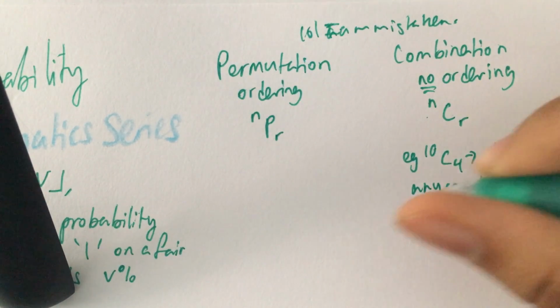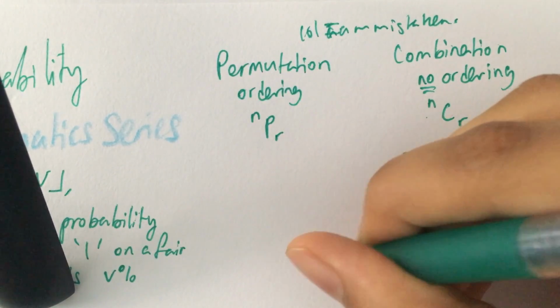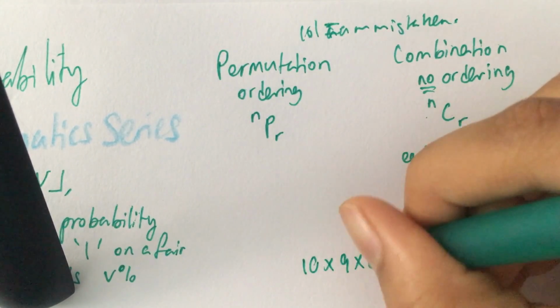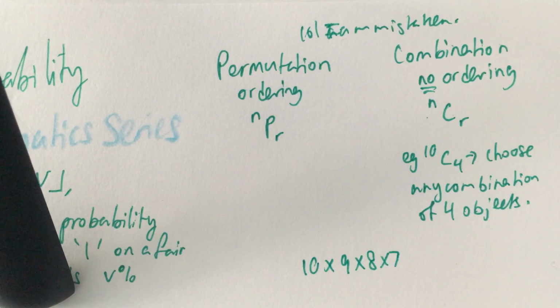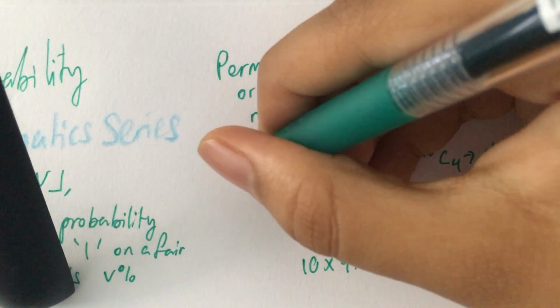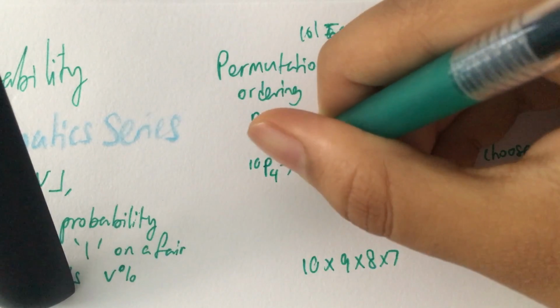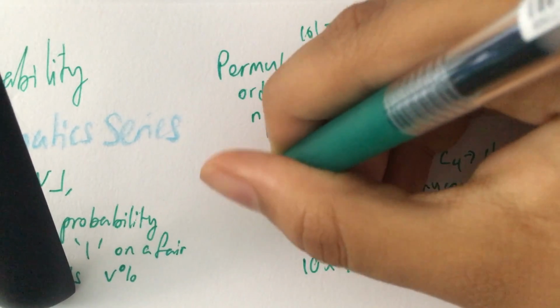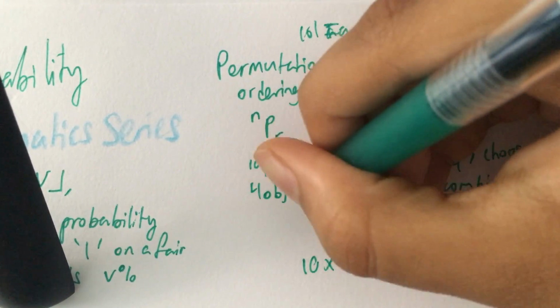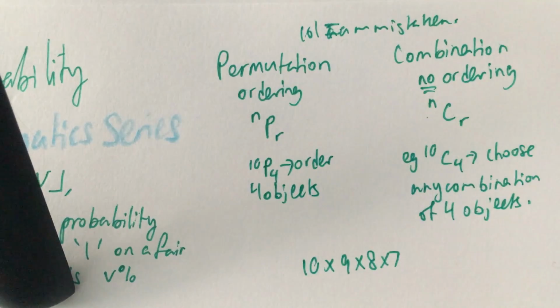The difference between combination and permutation is that permutation ends here, because the order of the objects matters in permutation. So you can choose 10 for the first choice, then 9 for the second, then 8 for the third, and then 7 for the fourth. But if it's combination, you don't need to worry about the order.